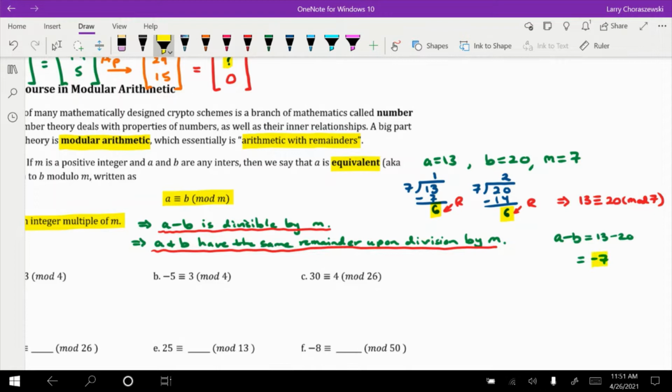Is this number divisible by 7? Yep. So because a minus b is divisible by 7, this also implies that 13 is congruent to 20 mod 7.